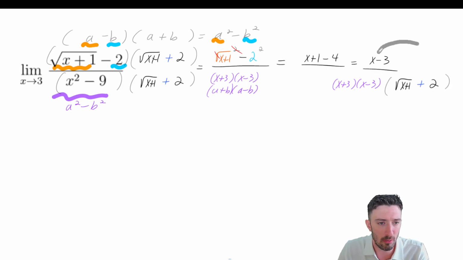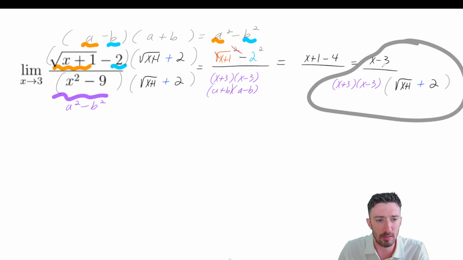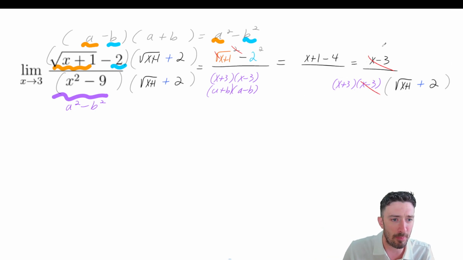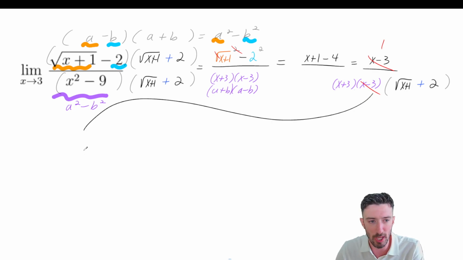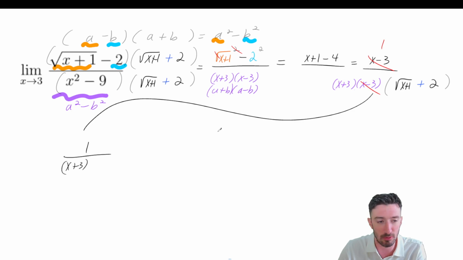So ultimately, we get to this, but the x minus 3's, they now cancel each other out. Can't leave nothing in the top. Let's put a 1. And now let's just rewrite what we have. It's 1 over, now it's x plus 3, and also the square root guy plus the 2.